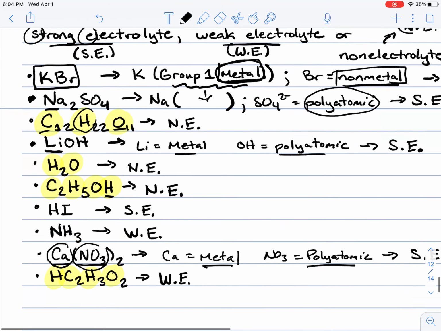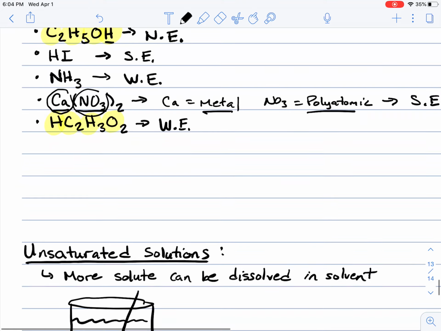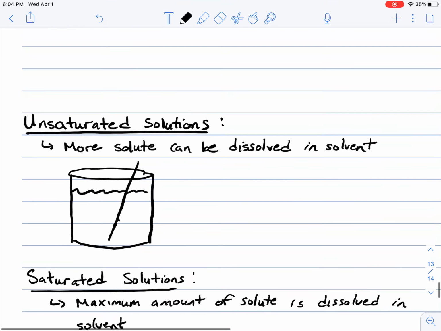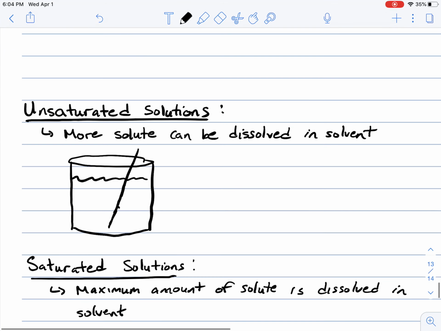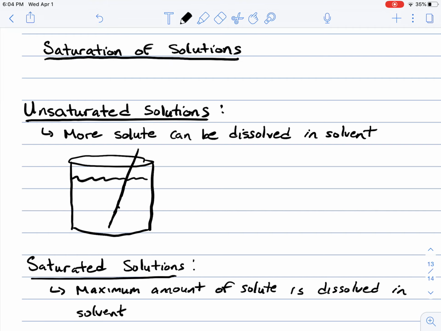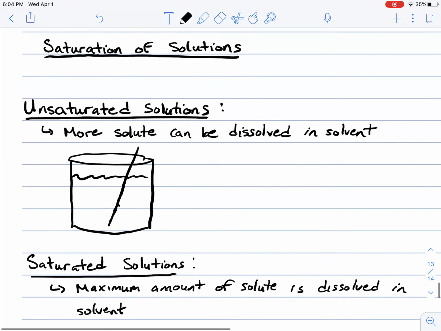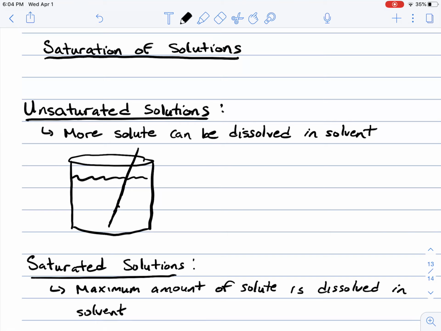So we're going to go ahead and discuss levels of saturation. And so when we're talking about the saturation of solutions, there's three terminologies that we have to go through, that we have to talk about.